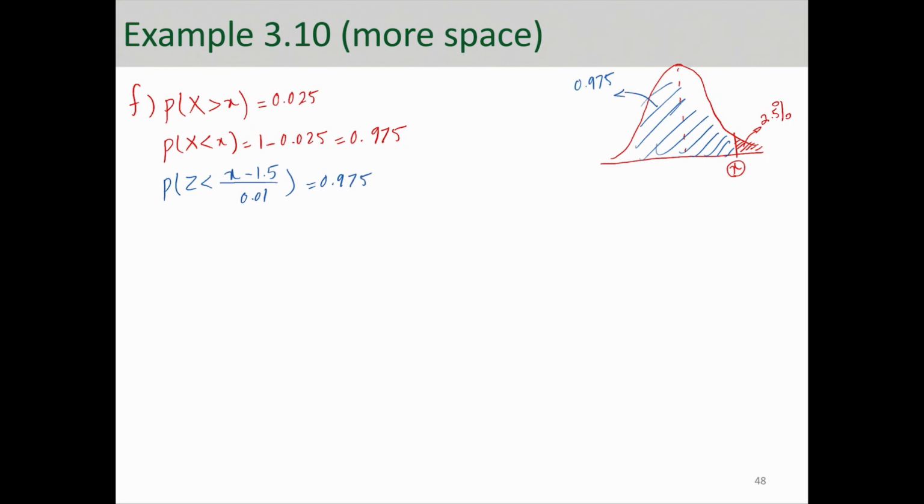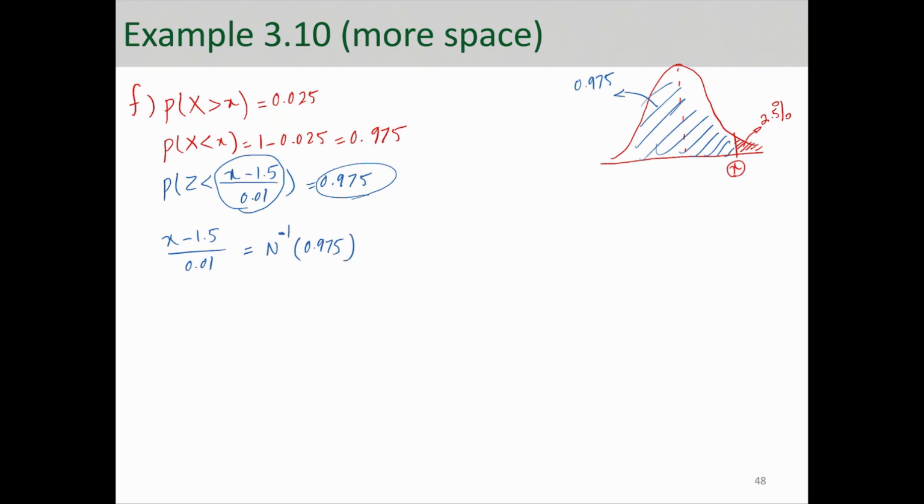Well, if that's the case, we can find the z value associated with 0.975 and make that equal to this part. Essentially, (x minus 1.5) over 0.01 is the z value associated with this on the table. And mathematically speaking, that z value is norm inverse of 0.975.